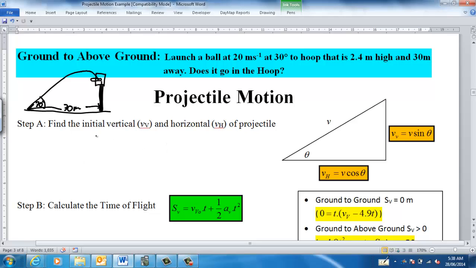The first thing we have to do is work out the horizontal and vertical components. We know there is 30 degrees, and this over here is 20 metres per second. So the vertical component is equal to 20 sine 30 degrees, and the horizontal component is going to be 20 cosine 30 degrees. Remembering this is pretty easy.